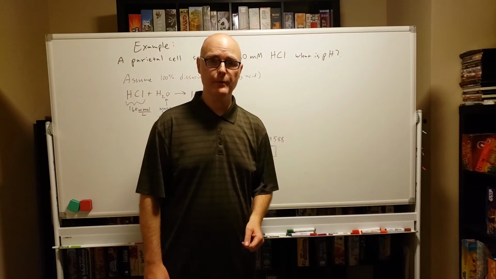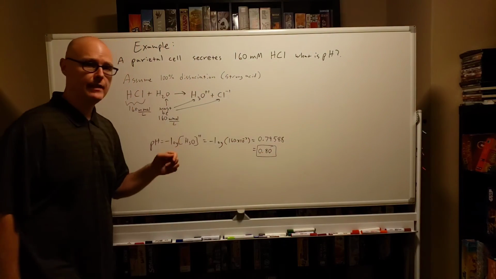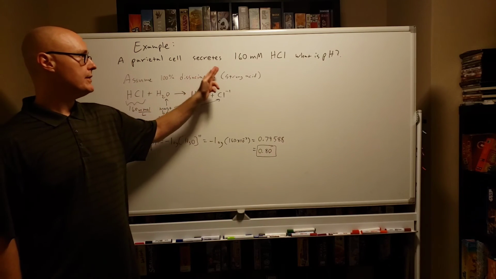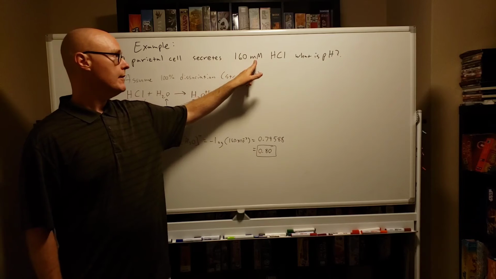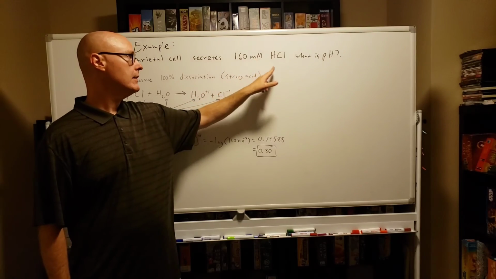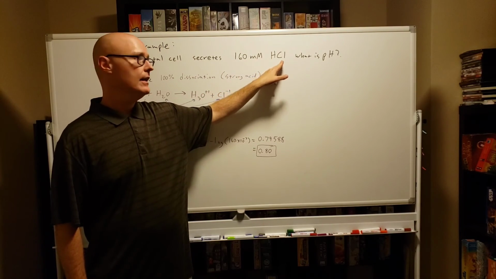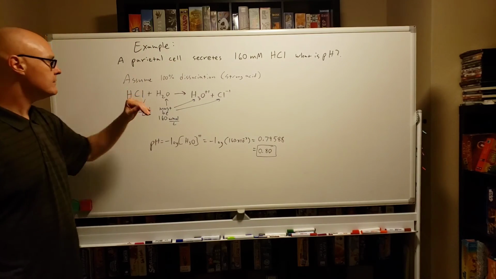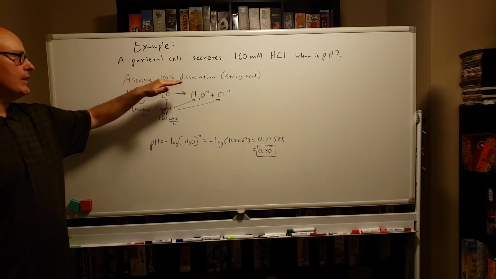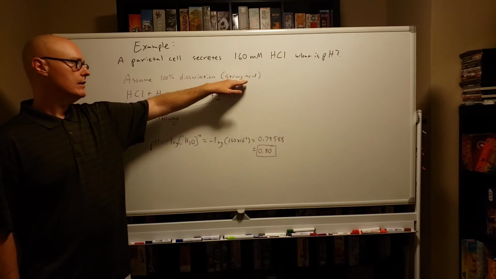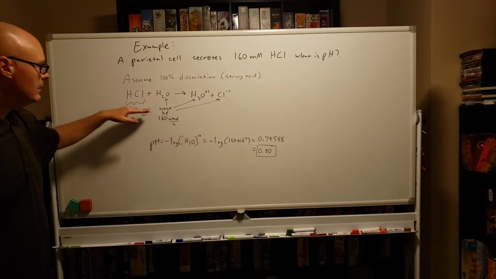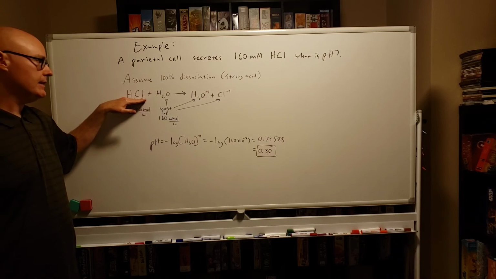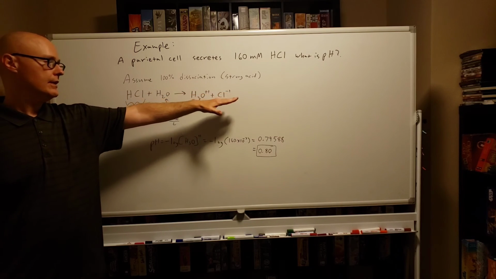All right, so let's do an example. In the stomach, I have a parietal cell. A parietal cell secretes 160 millimoles per liter of hydrochloric acid, and we want to find out what the pH is of that secretion. If I assume 100% dissociation, it's a strong acid, then all of my hydrochloric acid is going to dissociate.